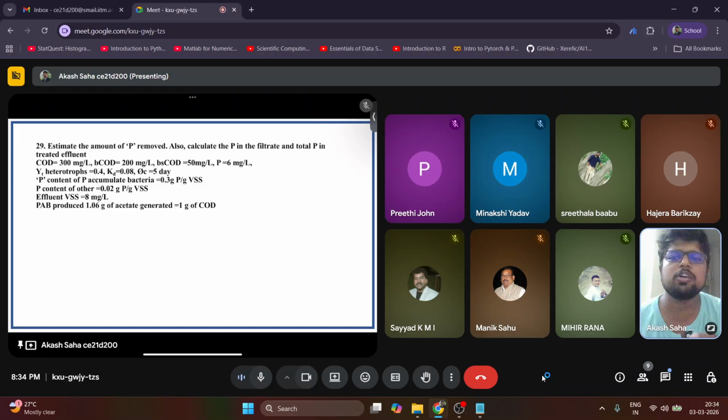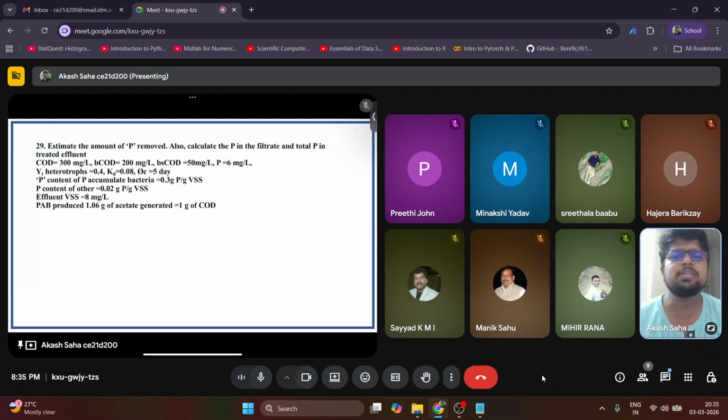Based on the COD value, we find out the actual COD, then how much of it is biodegradable. COD is 300 milligram per liter, but the biodegradable COD is 200 milligram per liter, and BSCOD is nothing but biodegradable soluble COD, which is the readily taken COD. That is only 50 milligram per liter. Corresponding to that value only can we form the PAB.